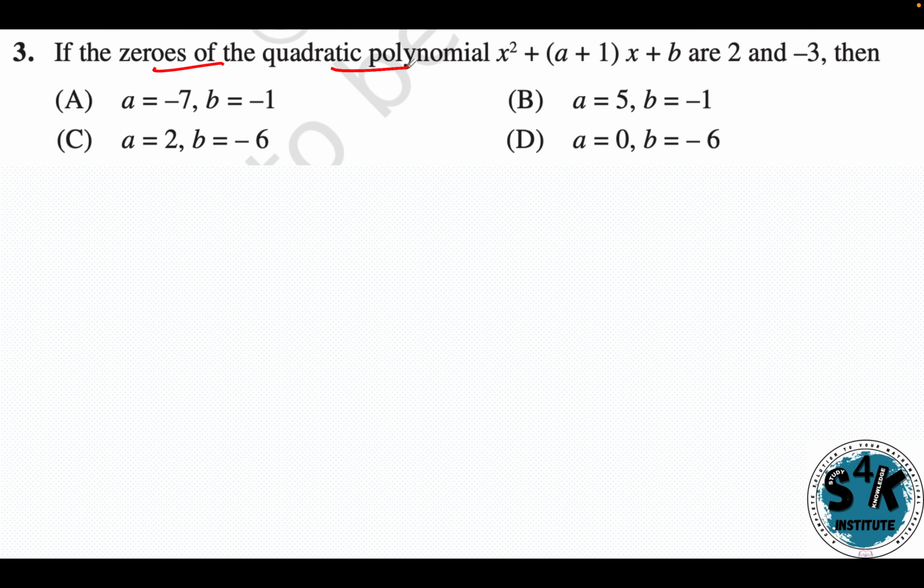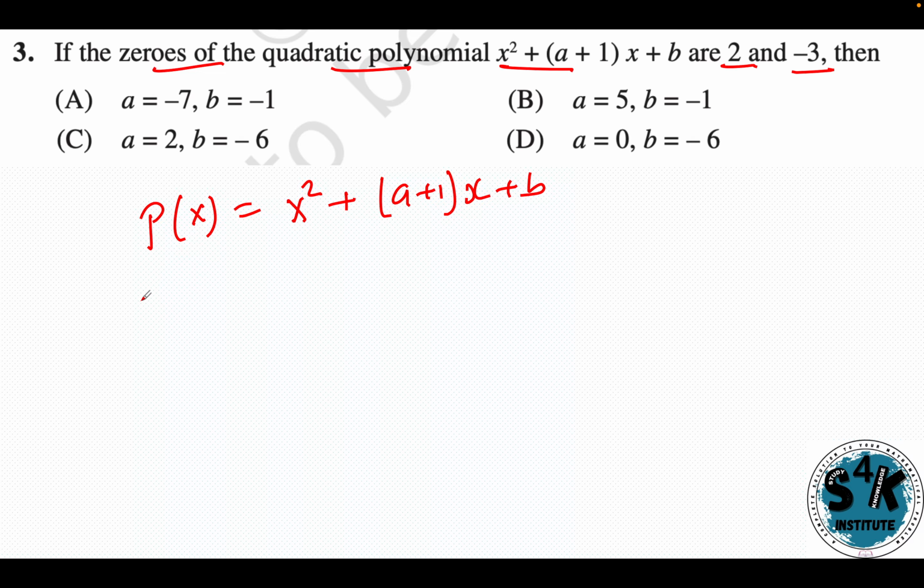If zeros of the quadratic polynomial are 2 and minus 3, then px is given to you as x square plus a plus 1 x plus b. If I substitute 2, I will get 2 square plus a plus 1 into 2 plus b is equal to 0.